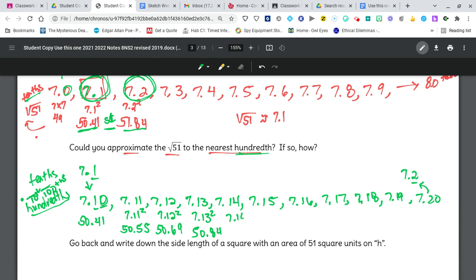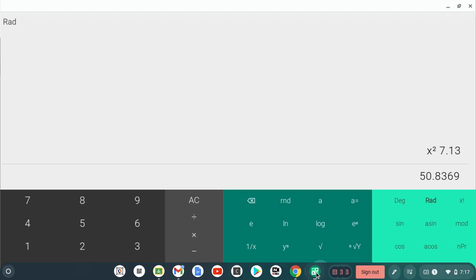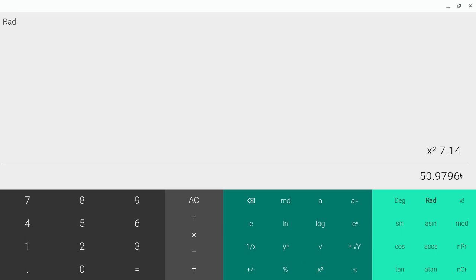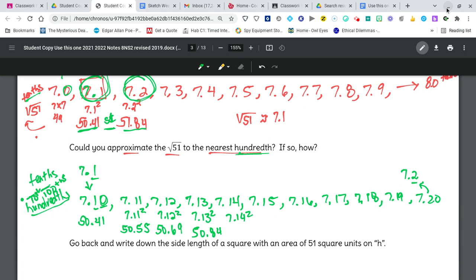Let's try 7.14 squared. Okay, 7.14. 50, that 9 tells that 7 to go to 8, so that's 50.98 to the nearest hundredth.